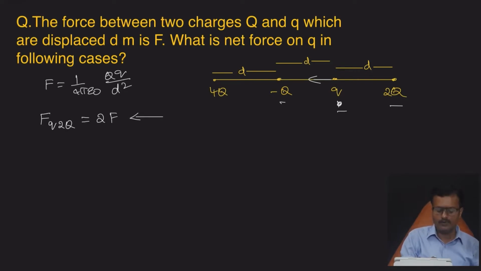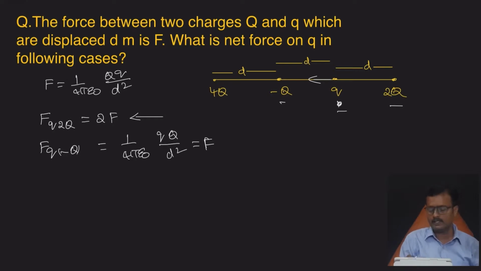Next, force on small q by minus Q. What is the formula? That is 1 by 4 pi epsilon naught Q q by d square. Here the minus sign of Q is not taken, I want only the magnitude. 1 by 4 pi epsilon naught Q q by d square, that is F. What is the direction?